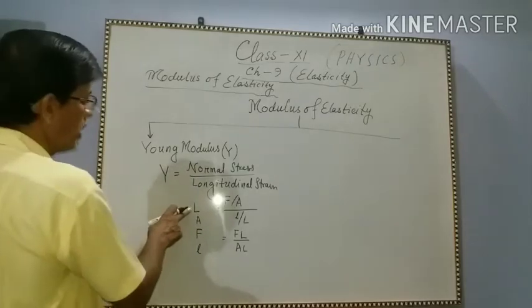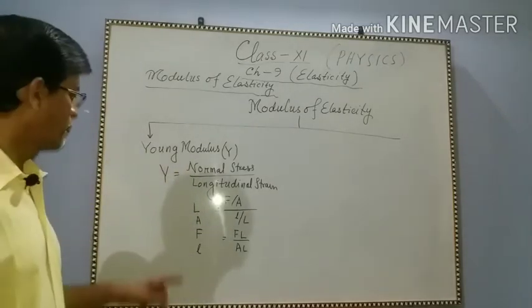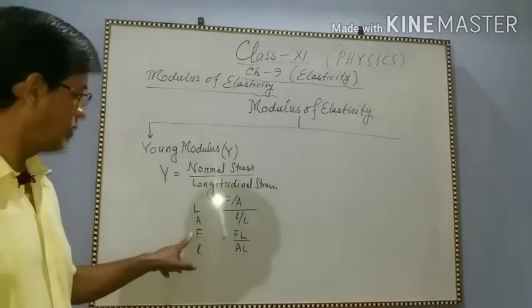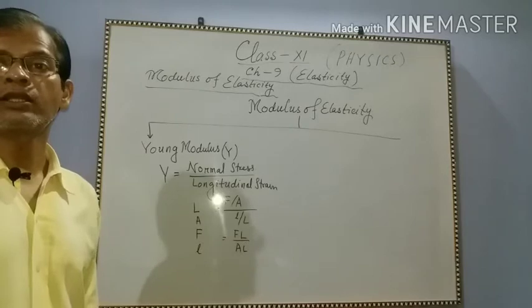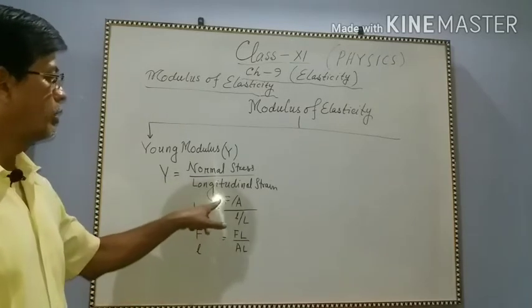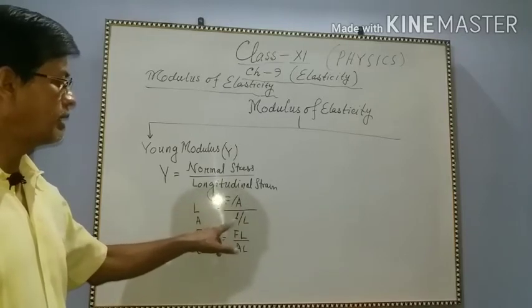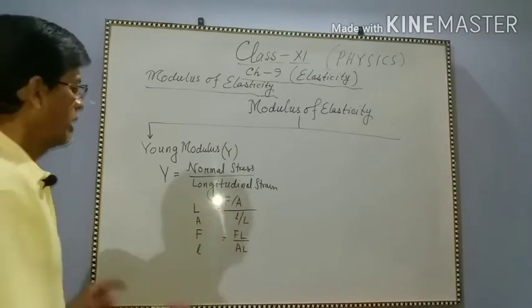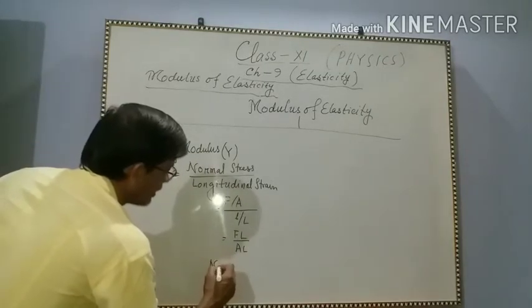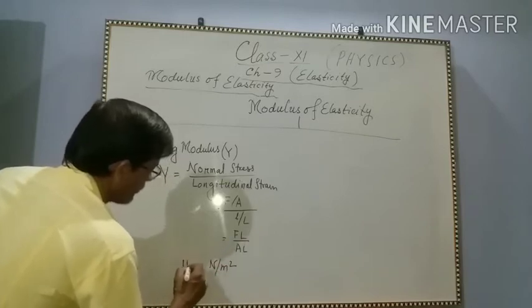The original length is L, area of cross section is A, normal force applied is F, and l is the extension of the wire. Its unit is Newton per meter square.